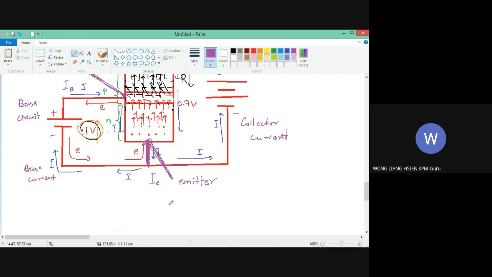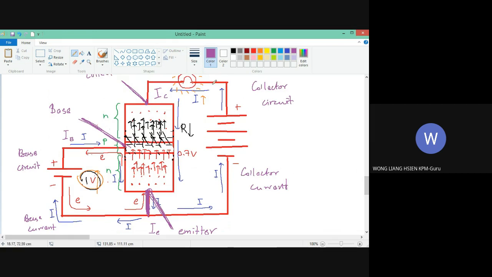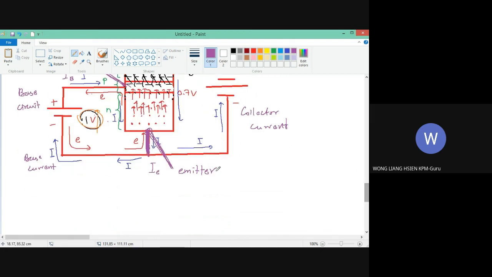You see, the base current flows through this part, and the collector current flows through here also. That means the emitter current is equal to the collector current plus the base current.